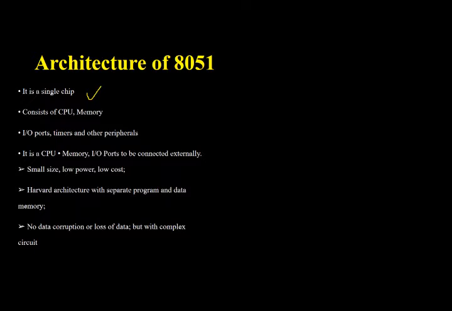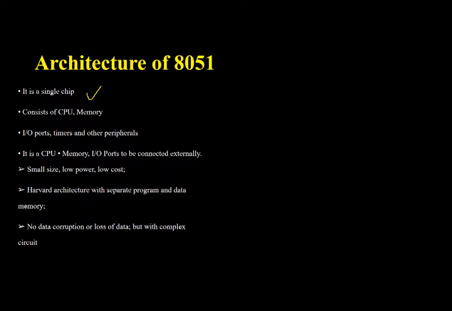And there is no data corruption or loss of data. This is a key point that you have to keep in mind. Why? Because when there is a power-off condition for a microcontroller, the data will never be lost. The best example of a microcontroller is your washing machine.